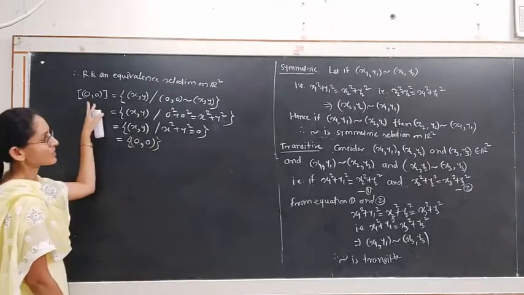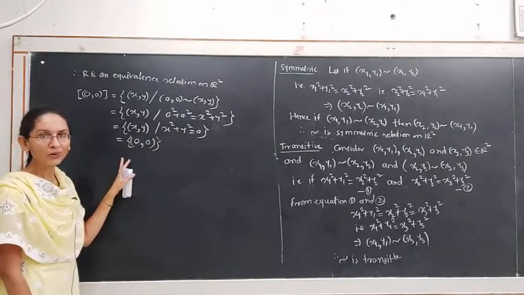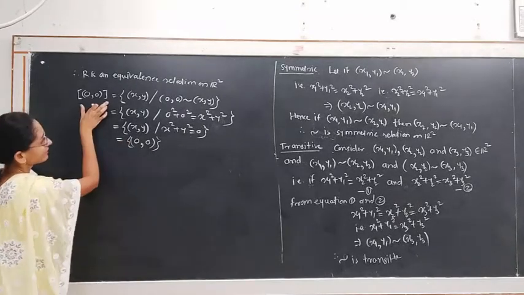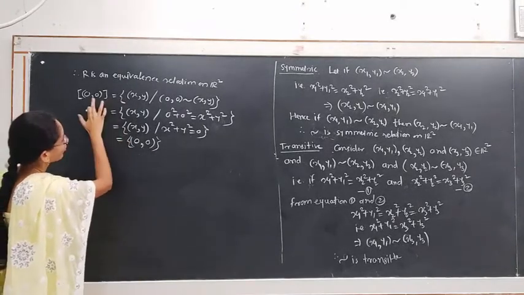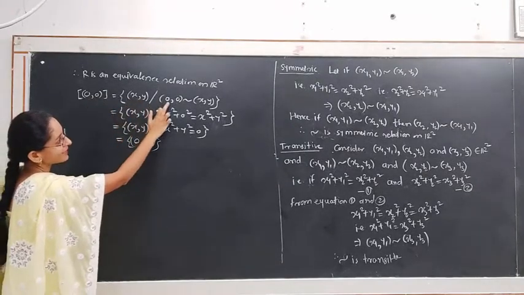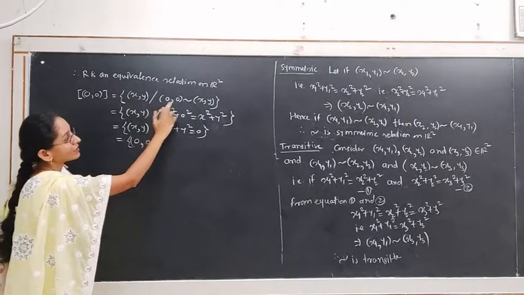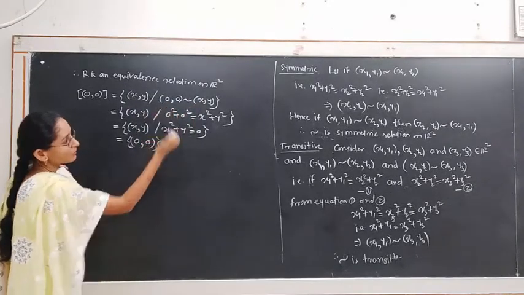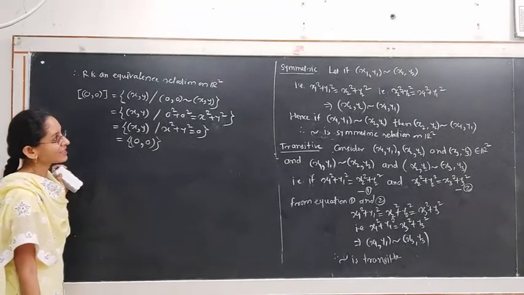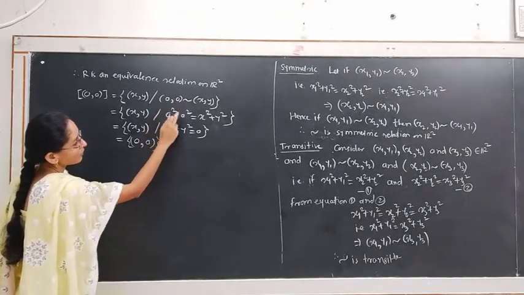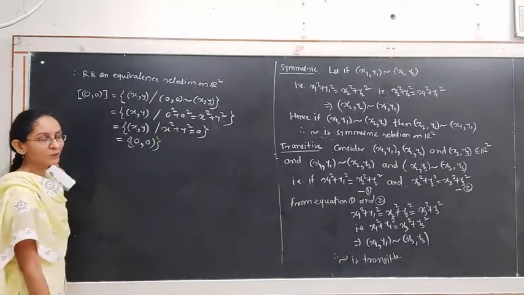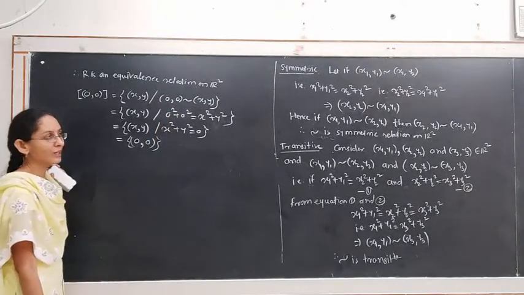The equivalence class of 0, 0 contains only the origin. These are the coordinates of the origin and this is the equivalence class of 0, 0, where this class contains the set of all points in R2 that are related to 0, 0. These points are related to 0, 0 if they satisfy the given condition defined in the example: coordinates of the first point satisfy x1 square plus y1 square equal to x2 square plus y2 square.